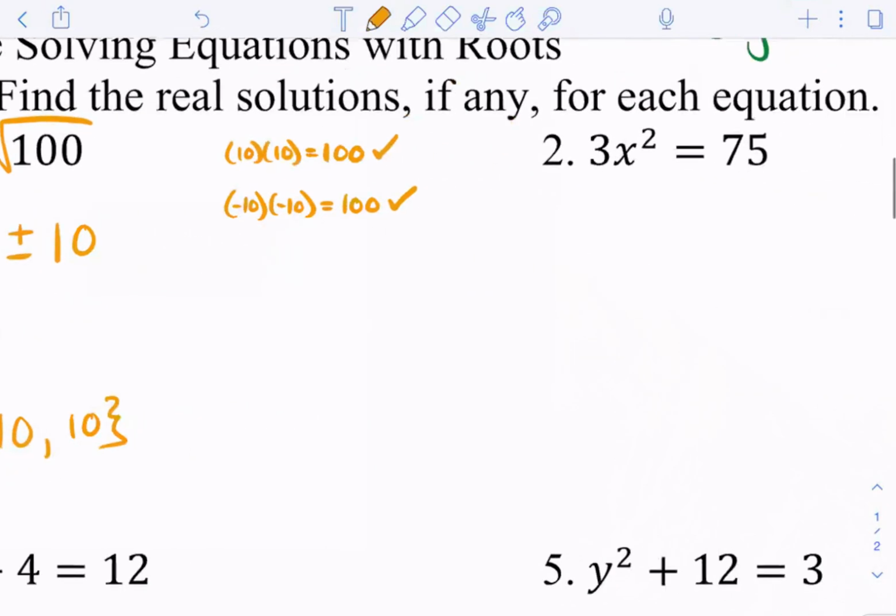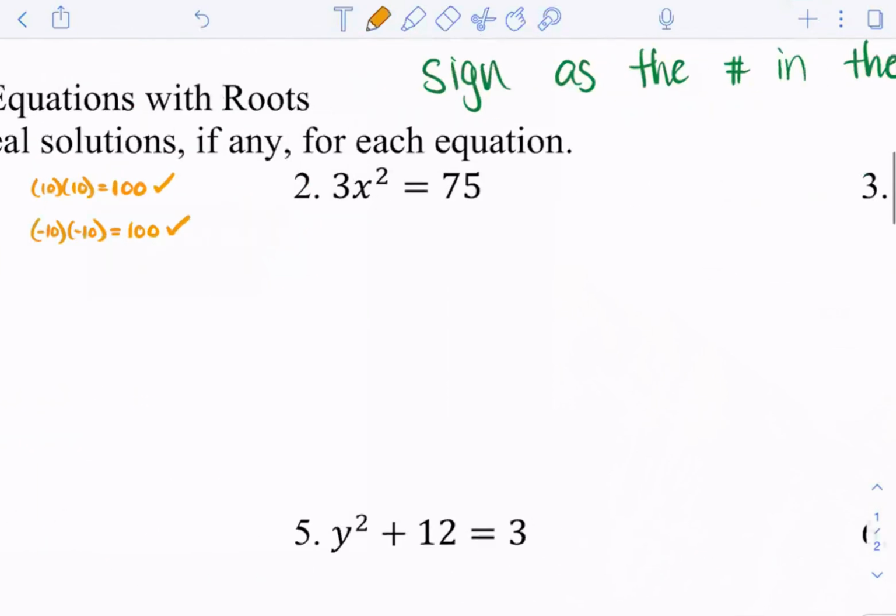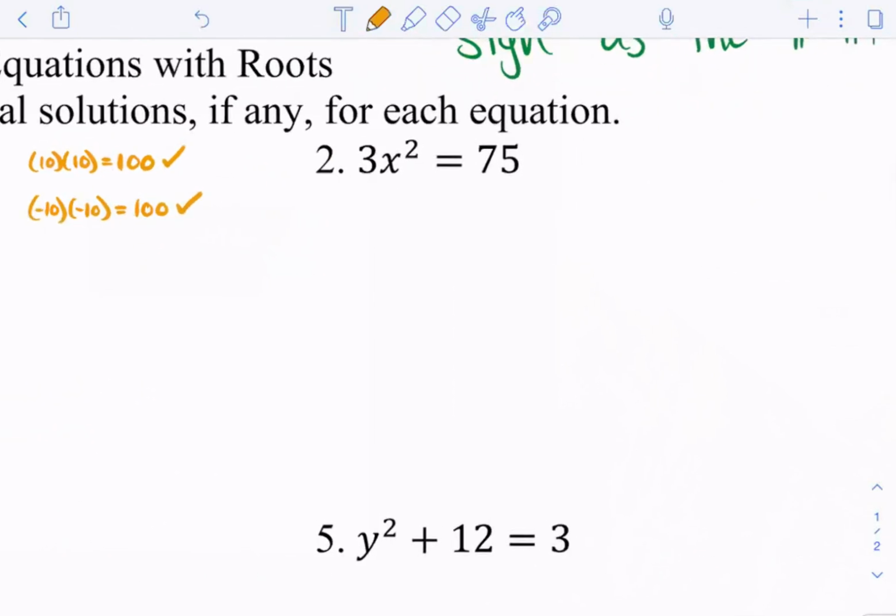Then if I look at the next question, or pause it where you need to, but I'm going to keep going. Again, my goal is to get the exponent alone first before I do any roots. So I first need to get rid of the number in front of it by dividing by 3. So I'm left with x squared equals 25.